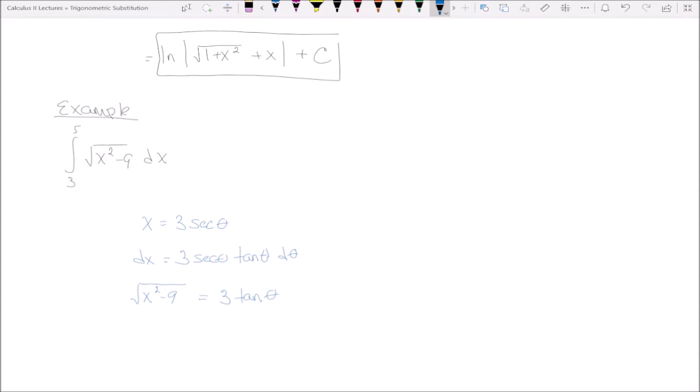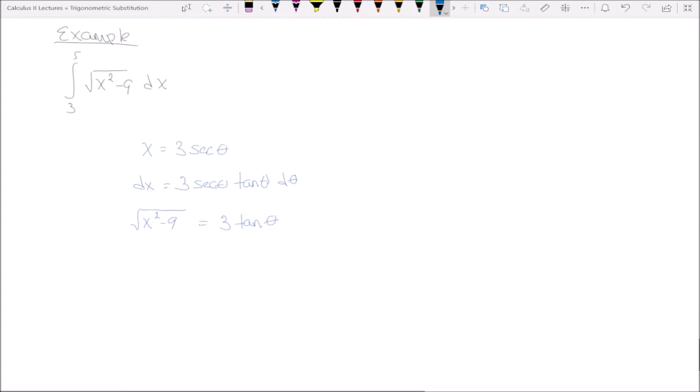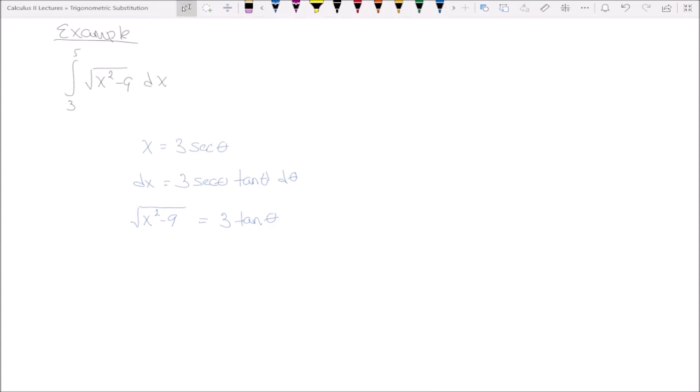However, we're doing a change of variable, so what we also want to do is change the bounds. Look at the lower bound first. Lower bound is x equals 3. This would mean that 3 is equal to 3 secant of theta, which means secant of theta itself is 1, which leads to theta being the inverse secant of 1, which is 0.